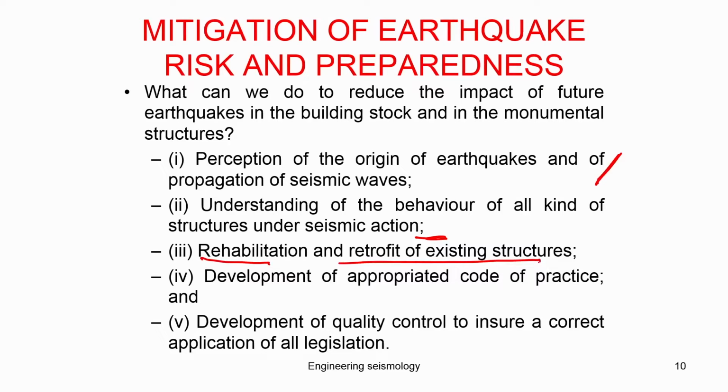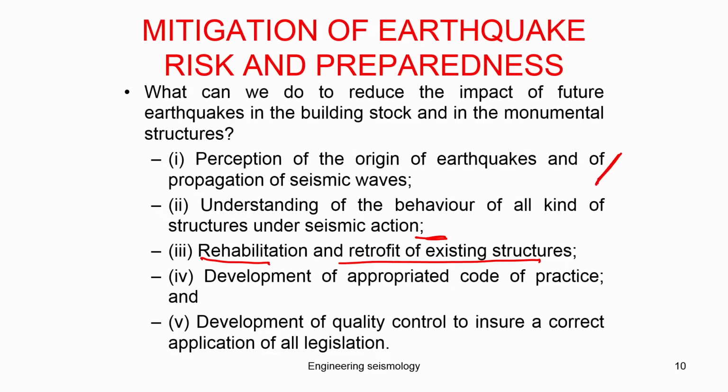That is a very important step to minimize the risk, because as I told you, earthquakes never kill people; only the structures built by engineers or people with insufficient knowledge collapse, which causes a lot of mortality as well as risk. The development of appropriate codes of practice, with design values and guidelines to construct a building, will help to reduce this kind of hazard.